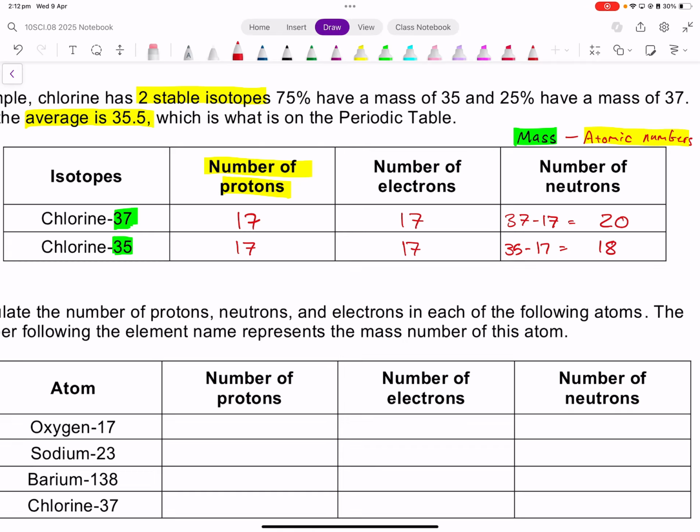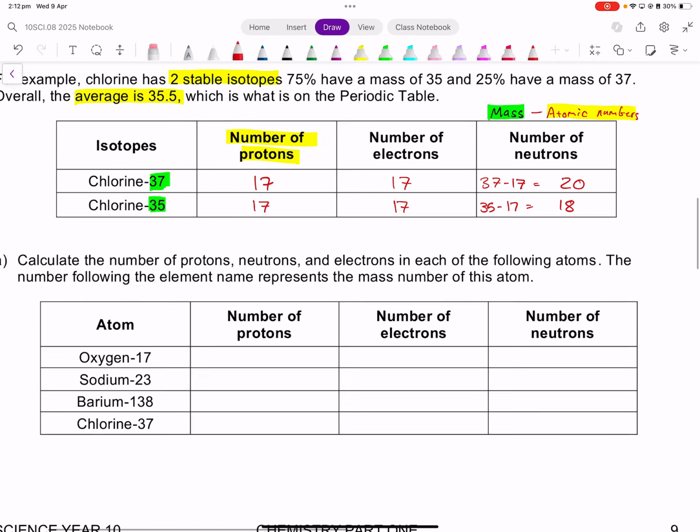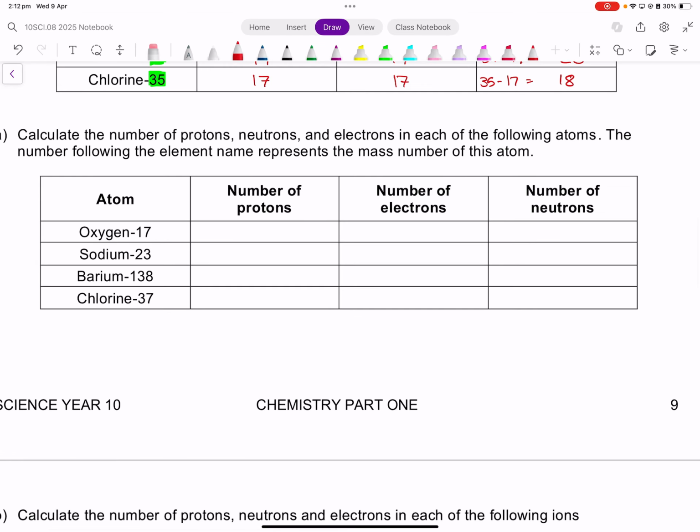So here's what I'm going to get you to do now, okay? I'm going to set it up in the same way for you, okay? I want you to have a look at these 4 different elements. So the first thing for you to note, I'll highlight it here. The mass is this number here. This is the mass. It is how heavy it is.